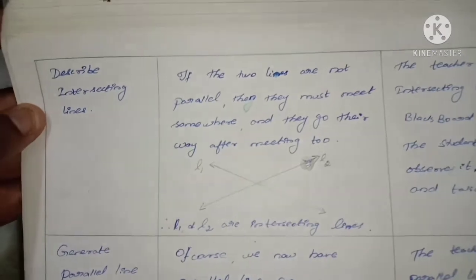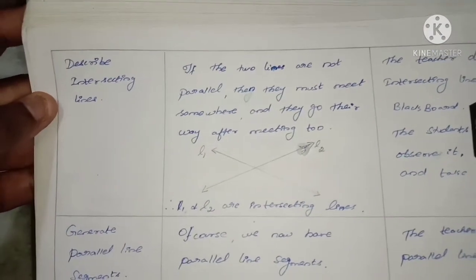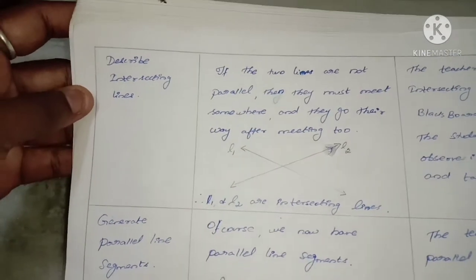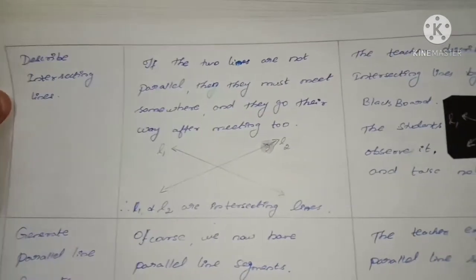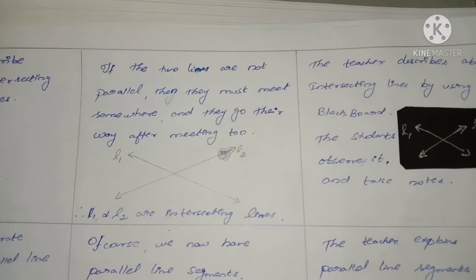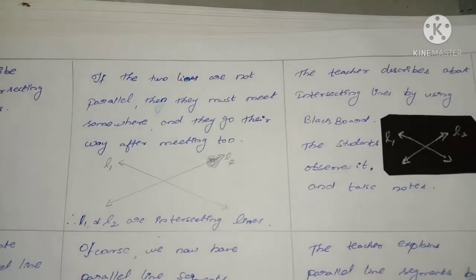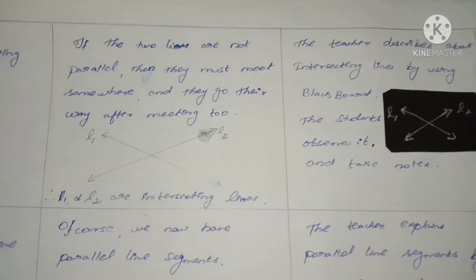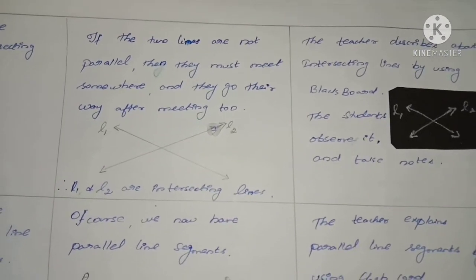In the second row, describe intersecting lines. In the next box, if two lines are not parallel, then they must meet somewhere and go their way after meeting too.